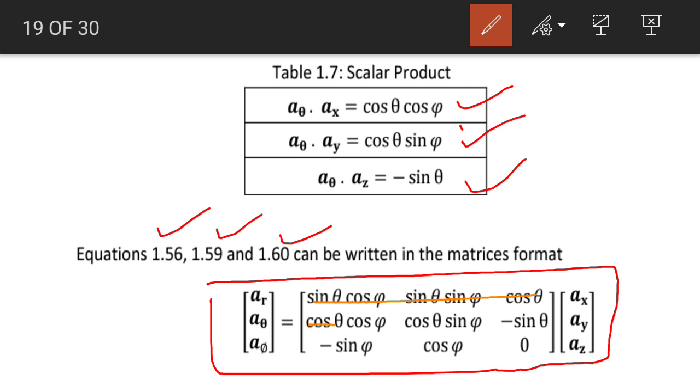Then we have cos theta cos phi, cos theta sin phi, minus sin theta, and then we have minus sin phi, cos phi, 0, and then the unit vector ax, the unit vector ay, the unit vector az. So this is how we transform the unit vectors of the rectangular coordinate system into the unit vectors of the spherical coordinate system.